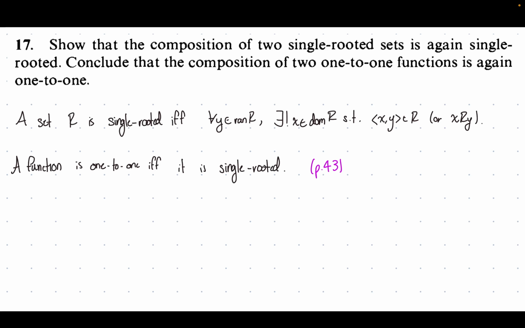So, yeah, let's just compose some single-rooted sets. Okay. So let's suppose R and S are both single-rooted sets. And I don't know if we've actually worked with a composition of two different sets.